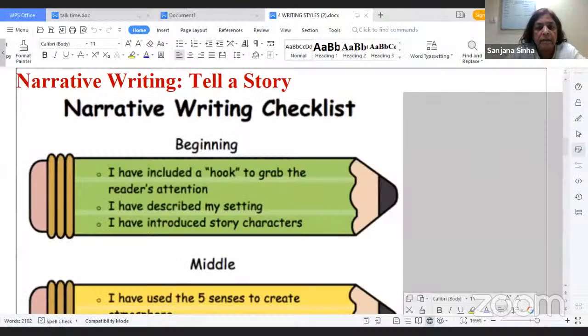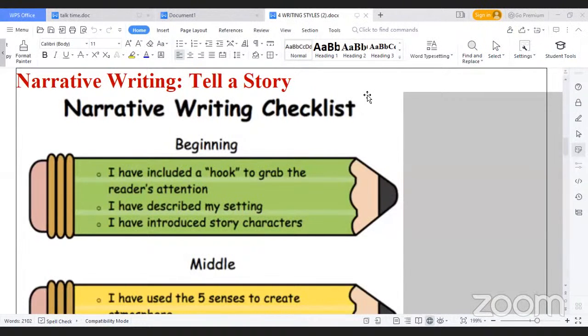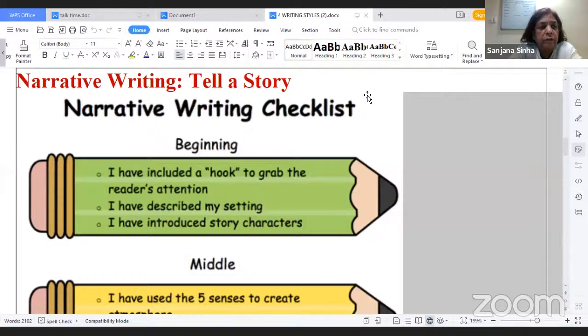So first of all, you will write. There are 4 types of writing styles: expository, narrative, persuasive, and descriptive. When you are asked to write a story, what will be the checklist?